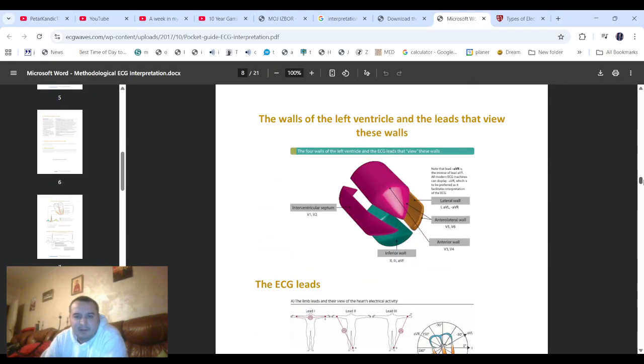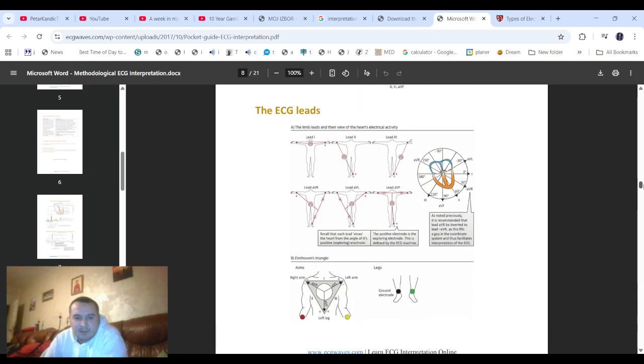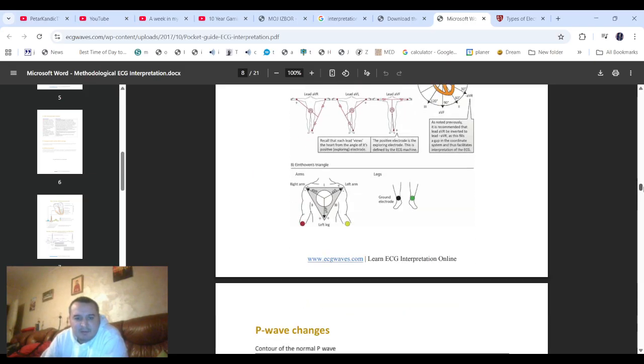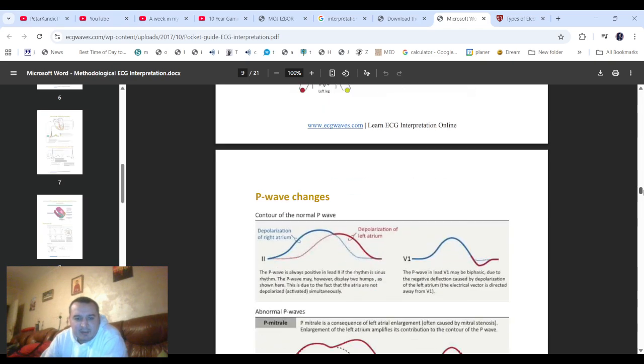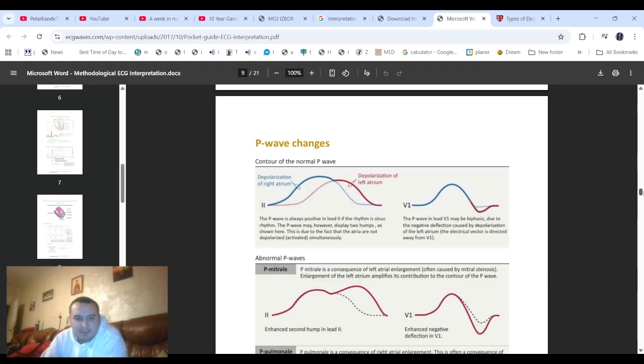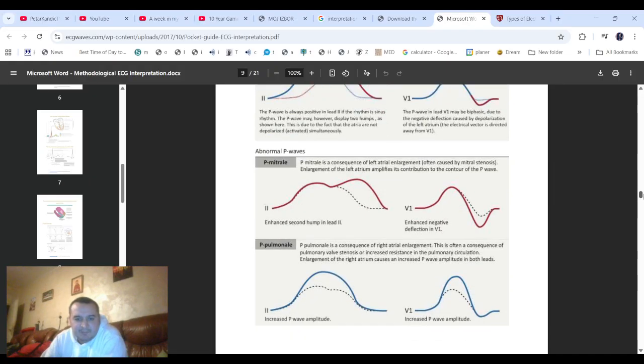The walls of the left ventricle and the leads that view these walls. ECG leads. The placement of ECG leads. Ground electrodes. P wave changes. Abnormal P waves. Mitral valve. Pulmonal valve.